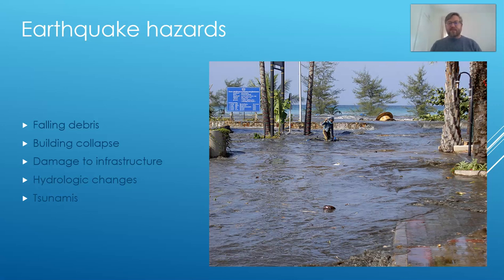So one of the more famous tsunamis in recent history, and that's where the picture there comes from, is the Boxing Day tsunami in 2004 in the Indian Ocean. It was triggered by an earthquake off the coast of Sumatra in Indonesia. But the tsunami spread all around the Indian Ocean. So people thousands of miles away from that earthquake got hit very badly with this tsunami.